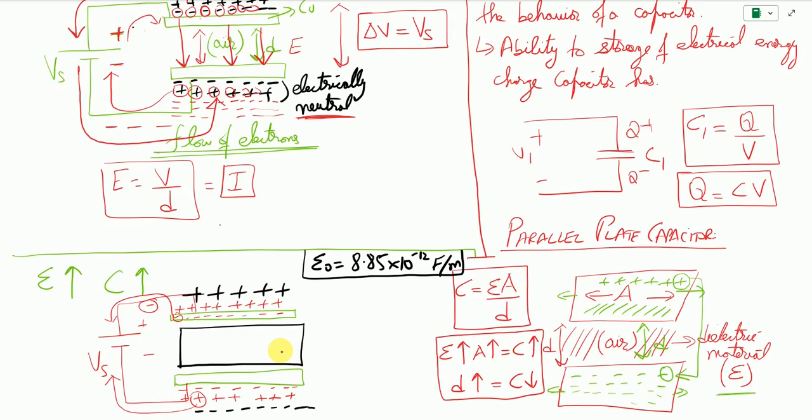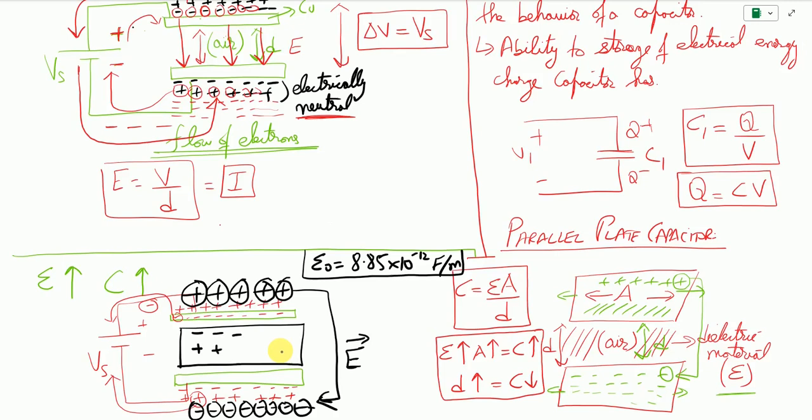Now we have a higher value of electric field on the top of the conductor and a negative value on the bottom side, or an excess of ions. These two basically want to generate the electric field, but because of the dielectric material, the negative and positive will form in such a way, and this is the pair inside the dielectric material when it gets excited by the external source.